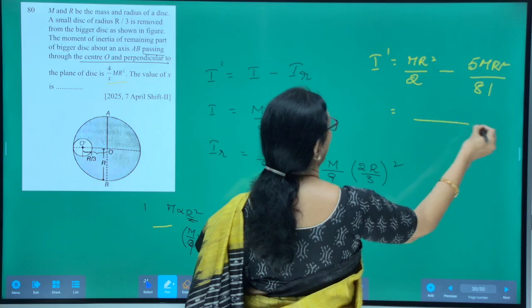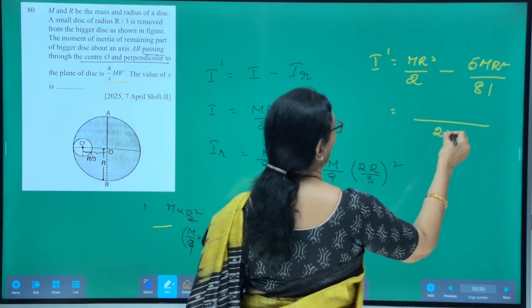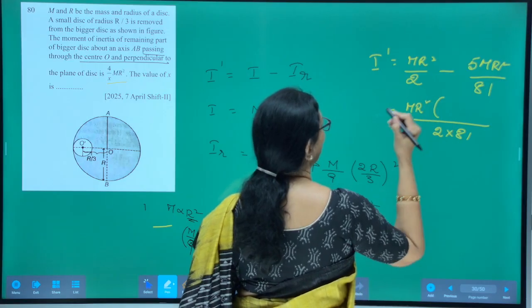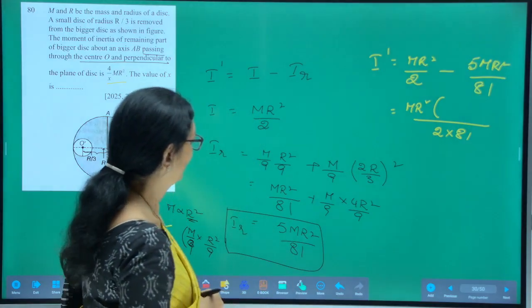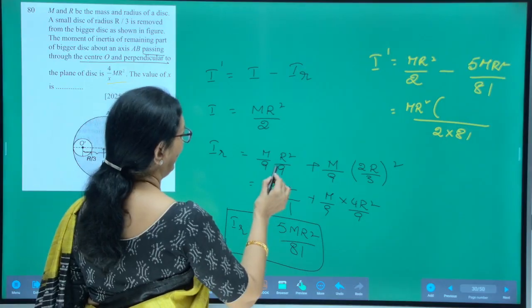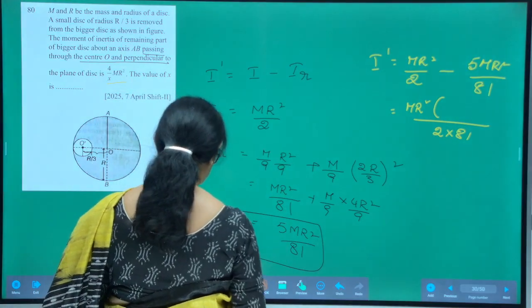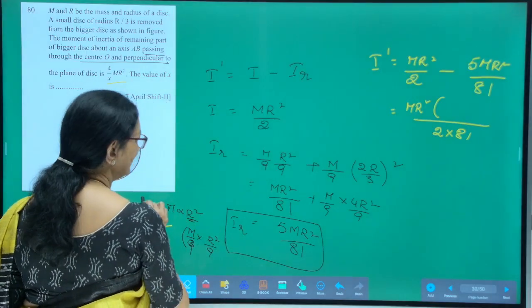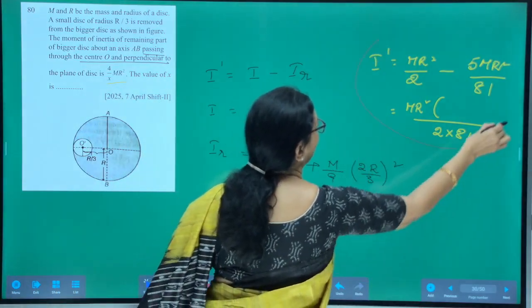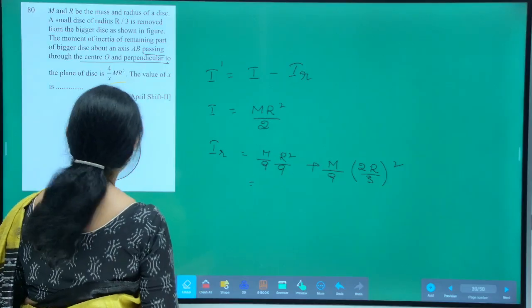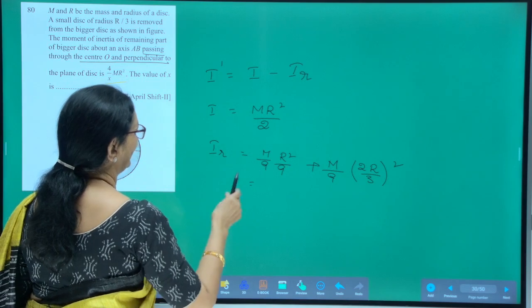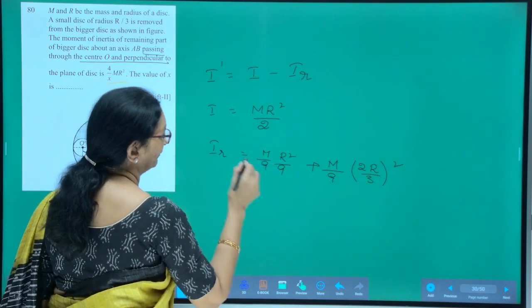So if you take LCM as 2 into 81, if you take mr square as constant factor, see here there is a mistake, isn't it? Instead of correcting the calculation, you see here. For this I have just taken mr square, but it is mr square by 2 for a disc.